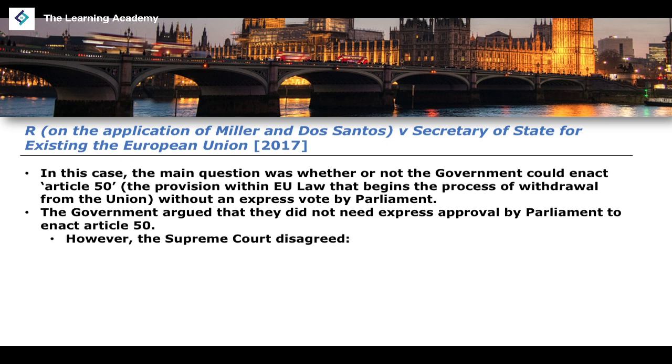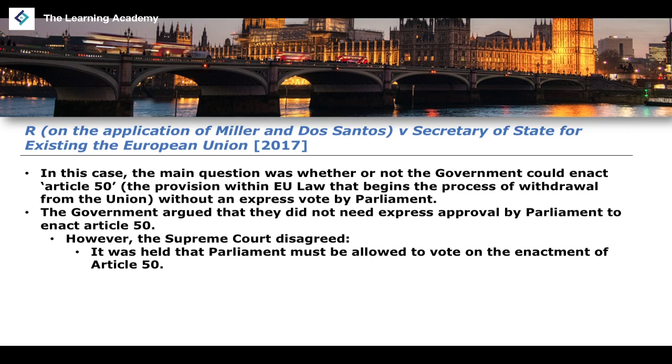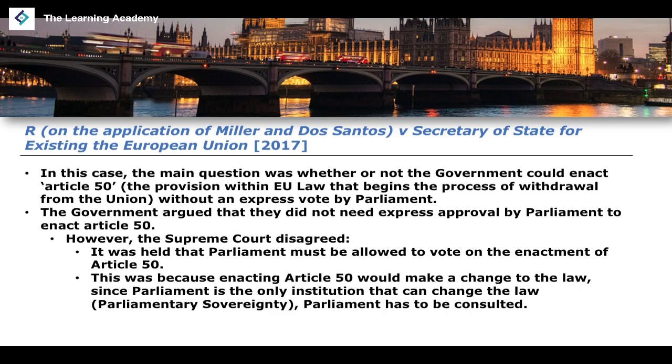However, the Supreme Court disagreed, and they disagreed for a very important reason. They said that Parliament must be allowed to vote on the enactment of Article 50. The reason for this was because Article 50 would represent a significant change in the law, because you are exiting the European Union, and seeing as European Union law represents quite a large body of the broader law in the UK, what you're doing by enacting Article 50 is making a significant change in the law.